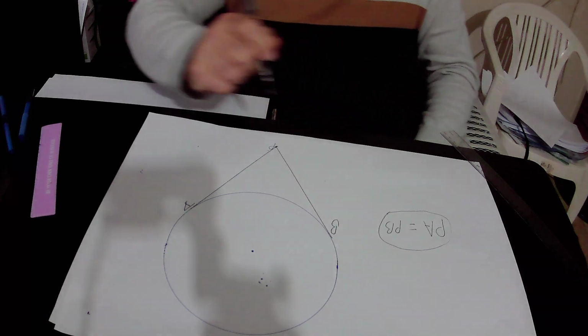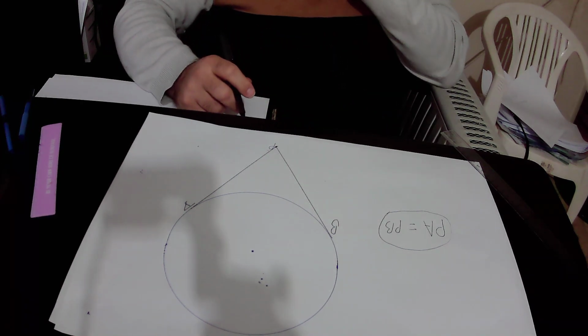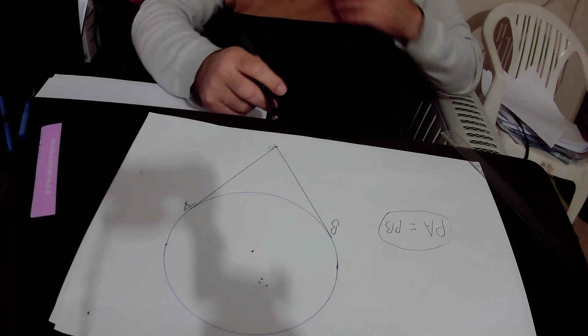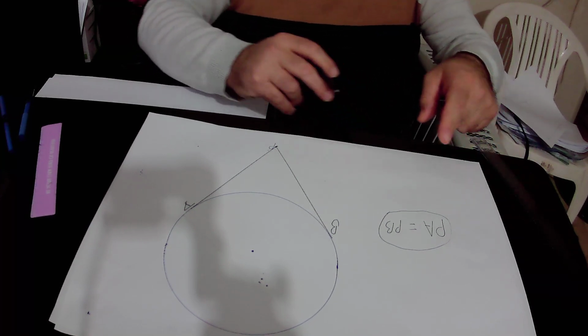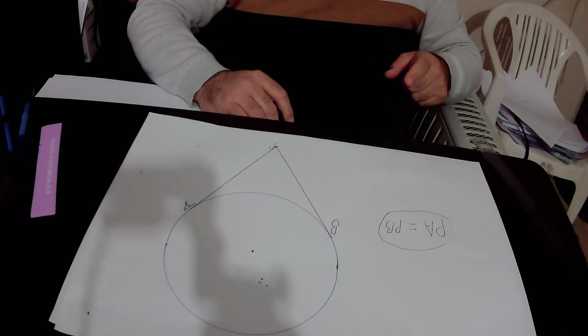So whenever you draw two tangents to a circle from a common external point, the lengths of those two tangents will be equal to each other.